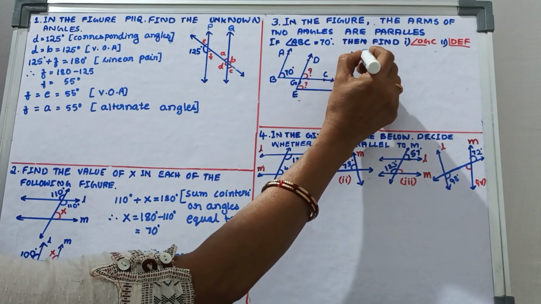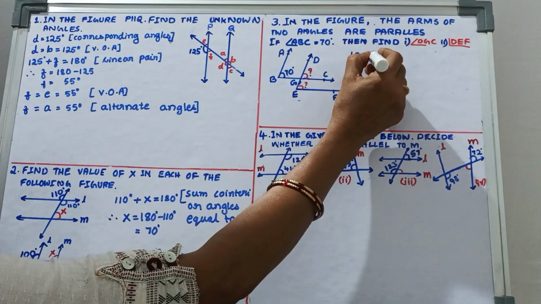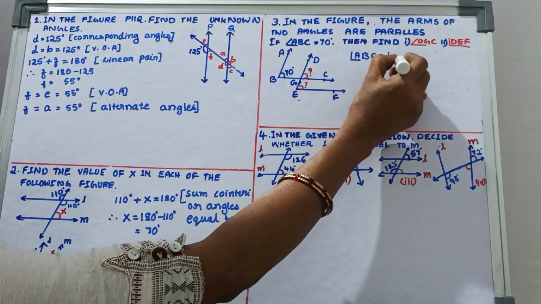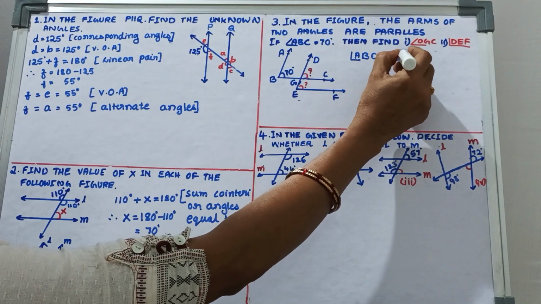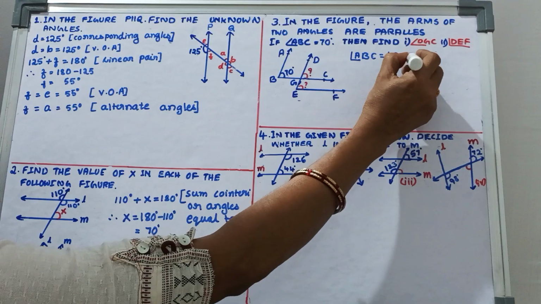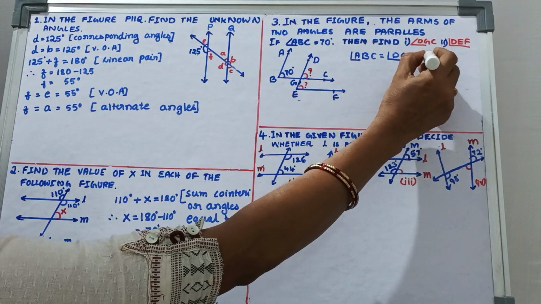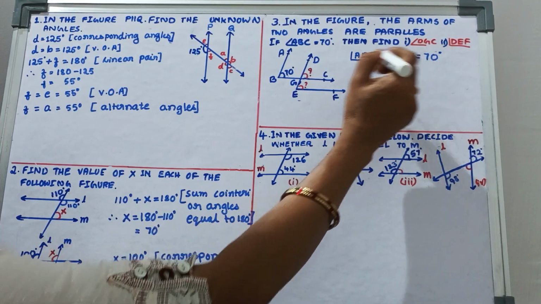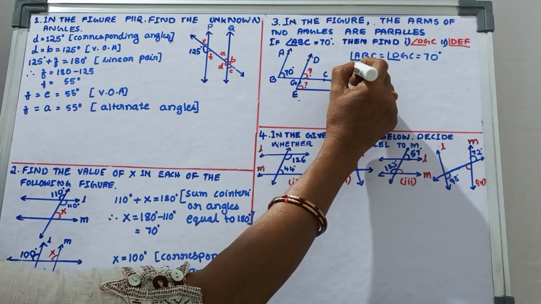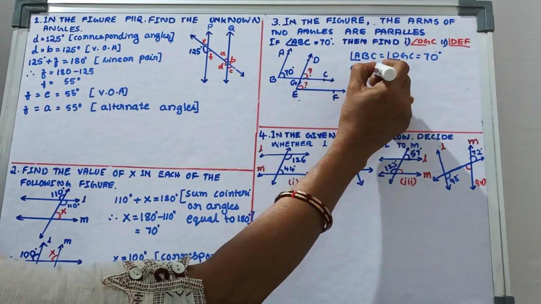Angle ABC is equal to angle DGC, 70 degree. They are corresponding angles.